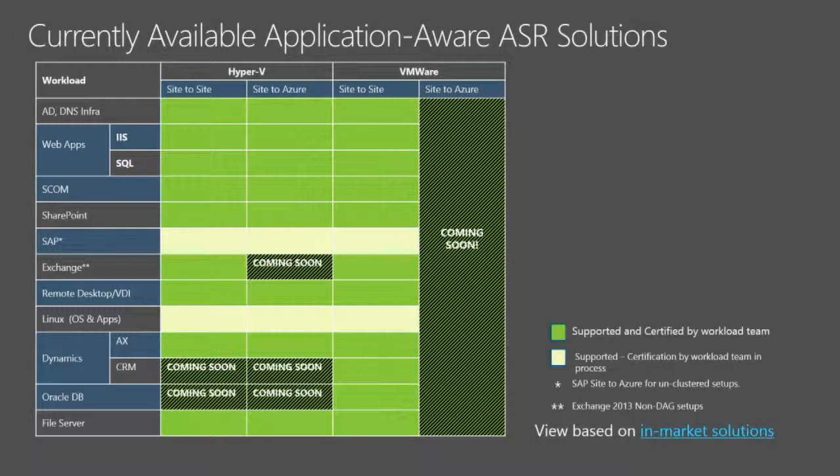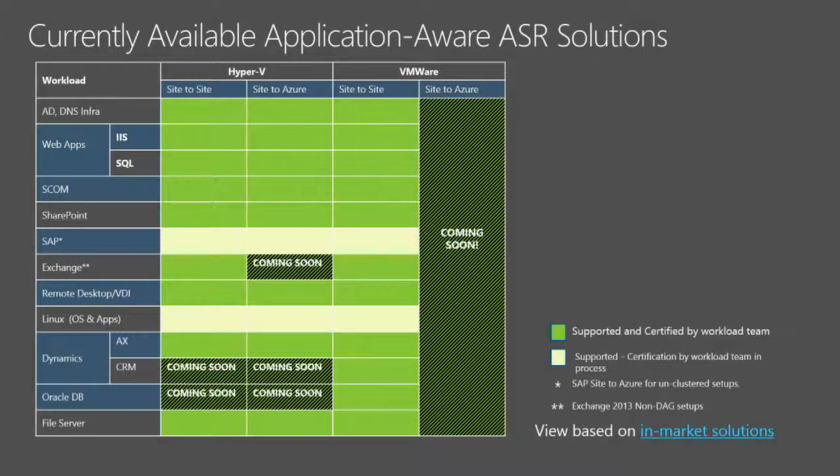So we're putting weight behind the claim that ASR works for all applications by doing the following. On the screen, you see most of your favorite applications. For example, you have your SharePoint, you have Exchange, you have Lync, and so on, file server. The way to read this is the darker green, the green on the right side, says supported and certified by the workload team.